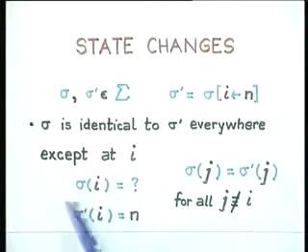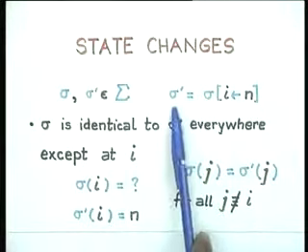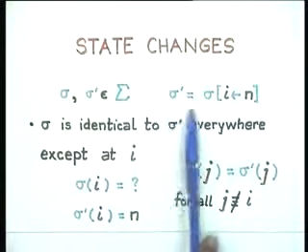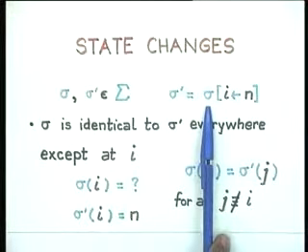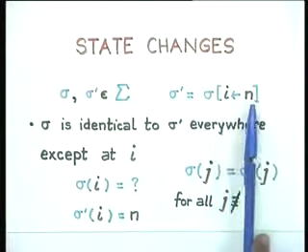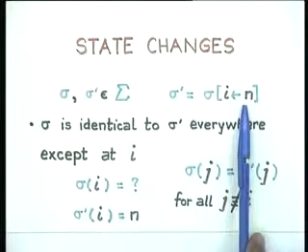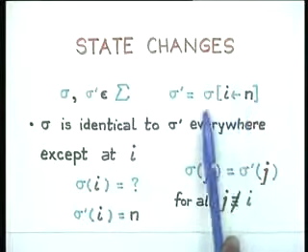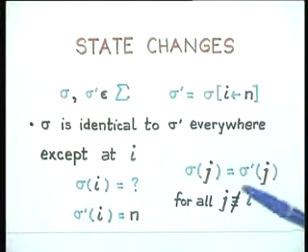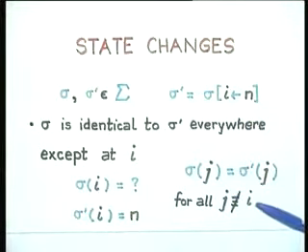So what we are saying is that sigma prime is everywhere identical to sigma except at I, where sigma prime has the value n, and what sigma has is of no concern, but it may not be the same as n.